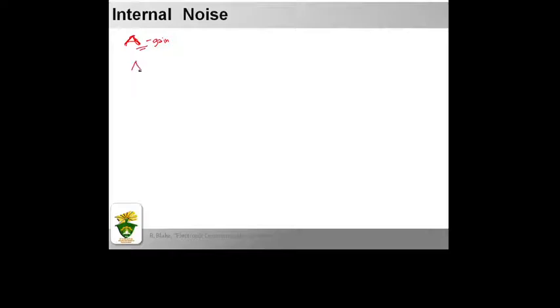So A is equal to signal out over signal in. That is the gain. Substituting this to the previous equation with NF equal to SI over SO times NO over NI, we have noise figure is equal to 1 over A times NO over Ni.